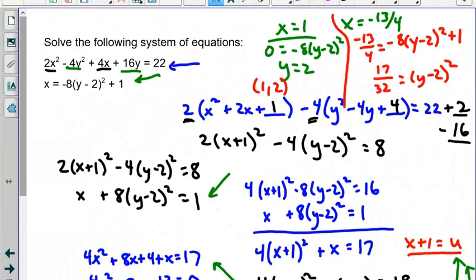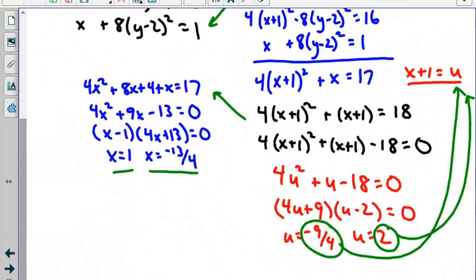But notice that we're going to get two different answers for y here. So when x is negative 13 fourths, y equals 2 plus or minus the square root of 17/32, which is clearly not that fun to look at. But we have negative 13 fourths, comma 2 plus root 17 over 32, and negative 13 fourths, 2 minus root 17 over 32.